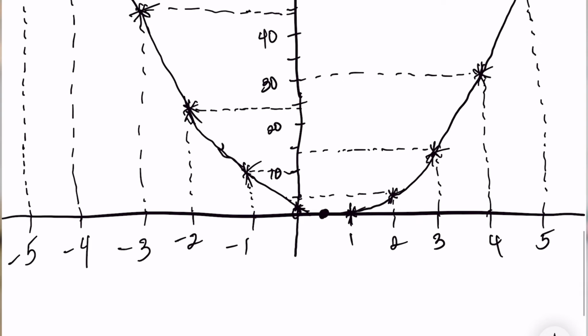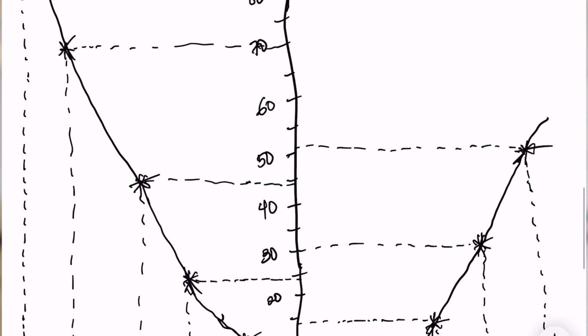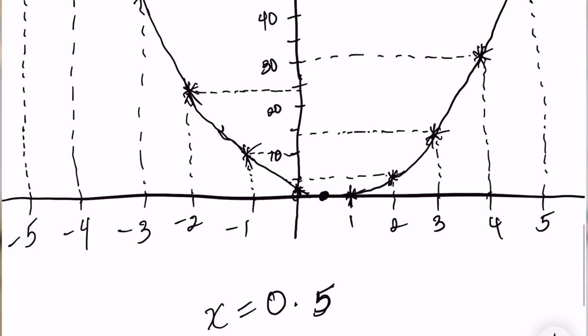It's around the middle, so we can have it to be 0.5. So our x is 0.5. That is where it meets on our x-axis.